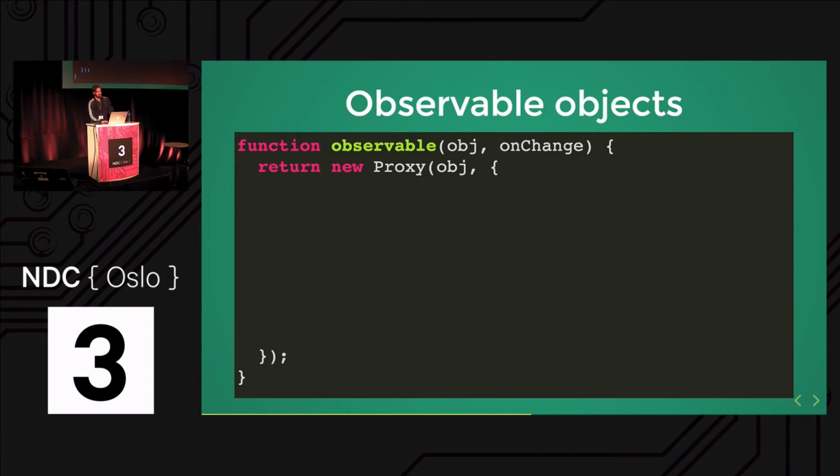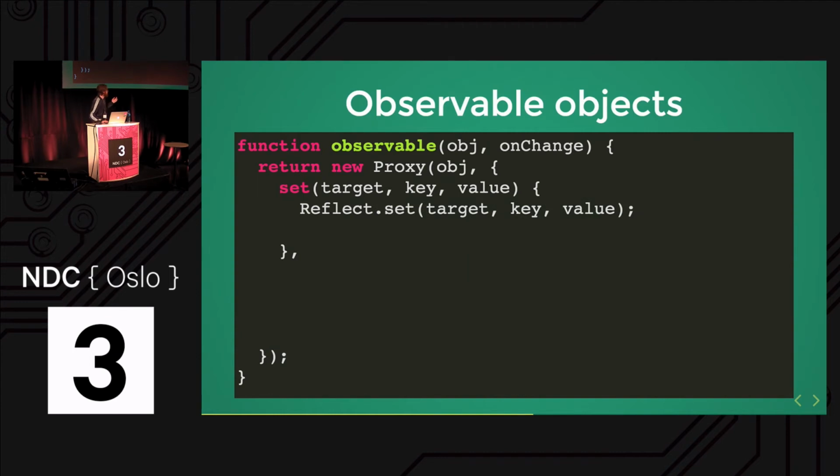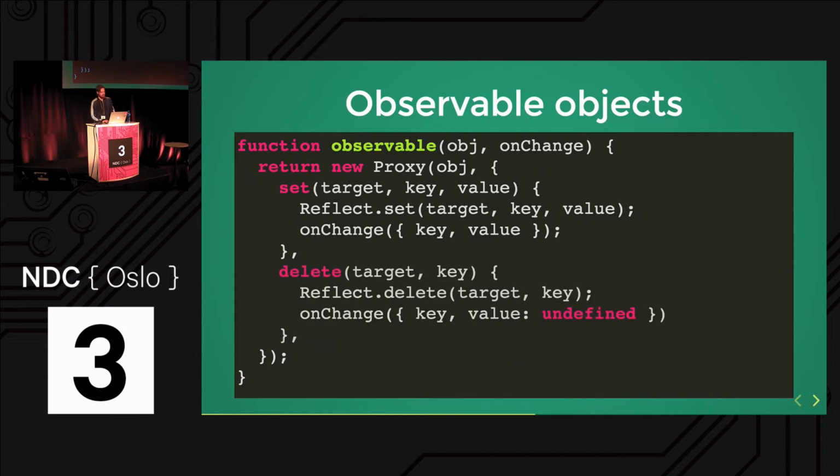So we could make a new proxy. We could add a setter trap so that whenever you try to set something on this object, we can do something. We'll just do the regular thing of setting whatever value you try to set on the object, and then we'll call the onChange method with the key that you set and the value. And we can do the same thing here with the delete trap. So if you delete some property from the object, we want to have a notification about that as well.